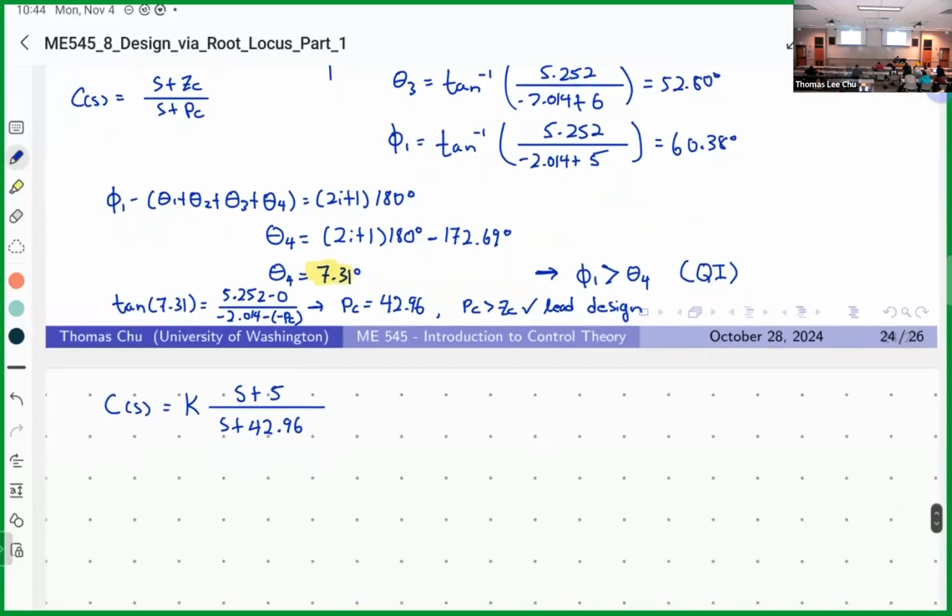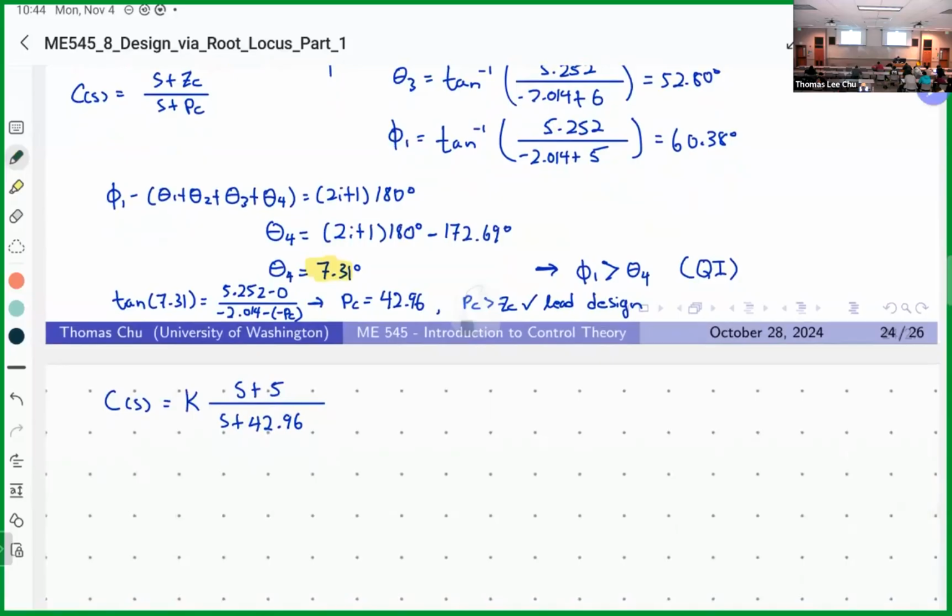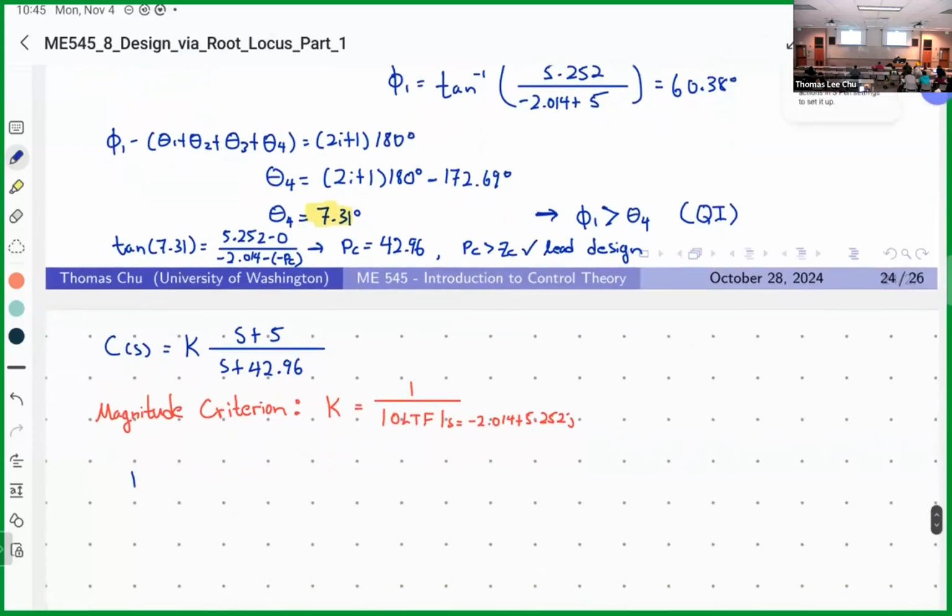And basically, we apply the magnitude criterion, where K is equal to 1 over the magnitude of our open loop transfer function, evaluated at -2.014 plus 5.252j. So K is going to be equal to 1 over C of S, G of S, evaluated at that point.